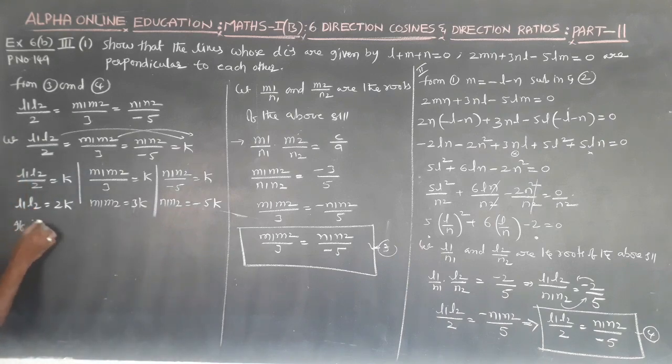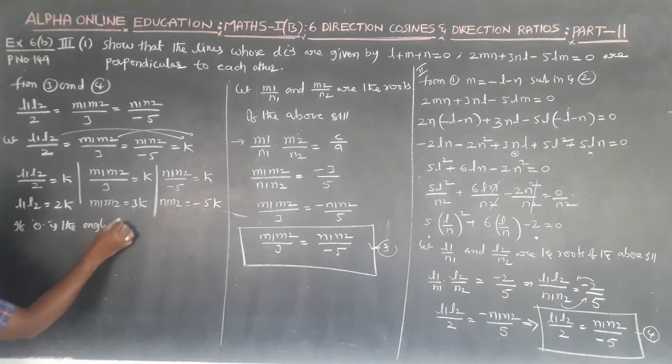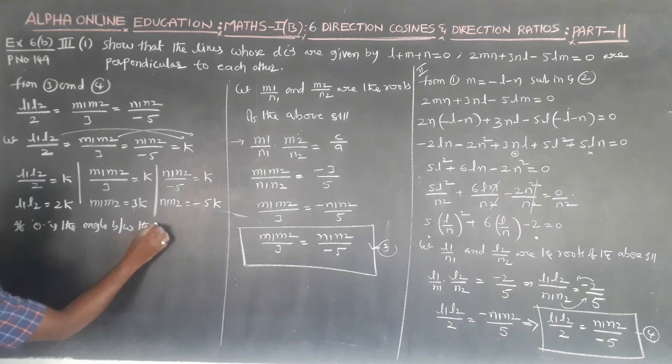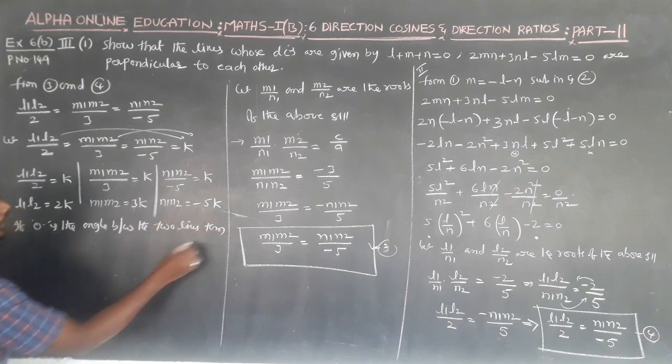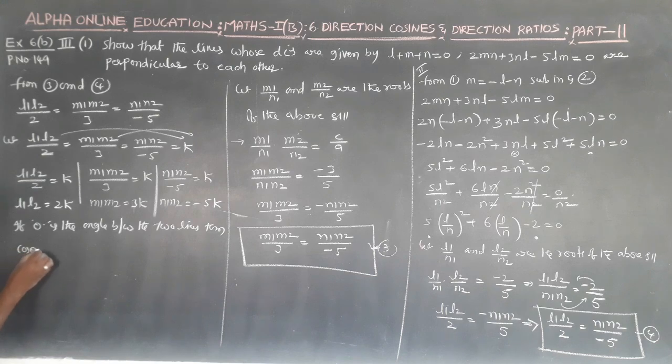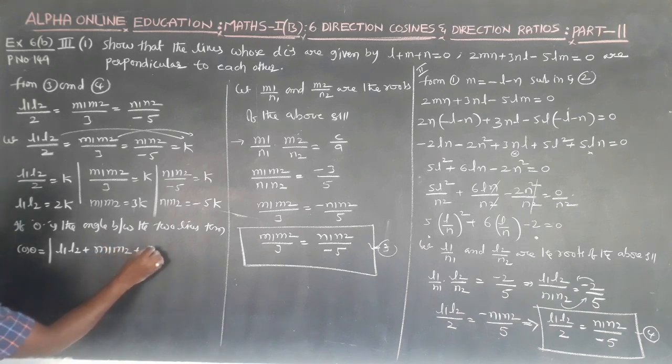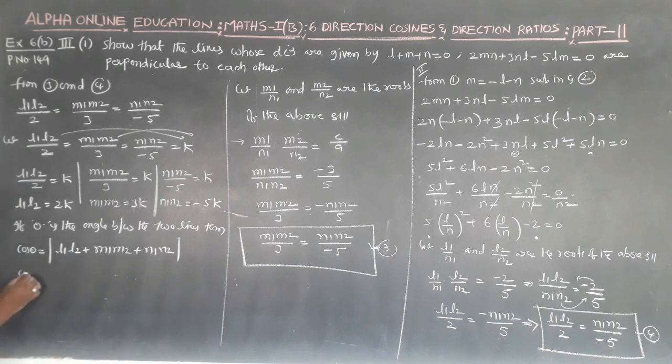If theta is the angle between the two lines, then cos theta is equal to mod of l1 l2 plus m1 m2 plus n1 n2.